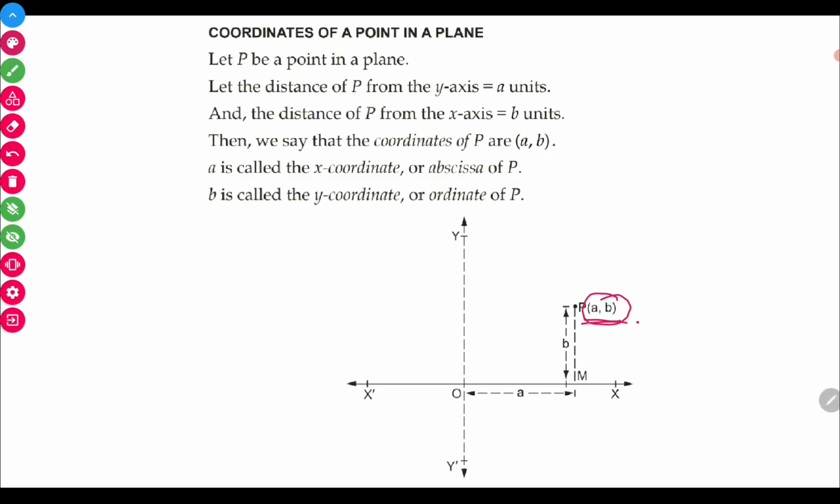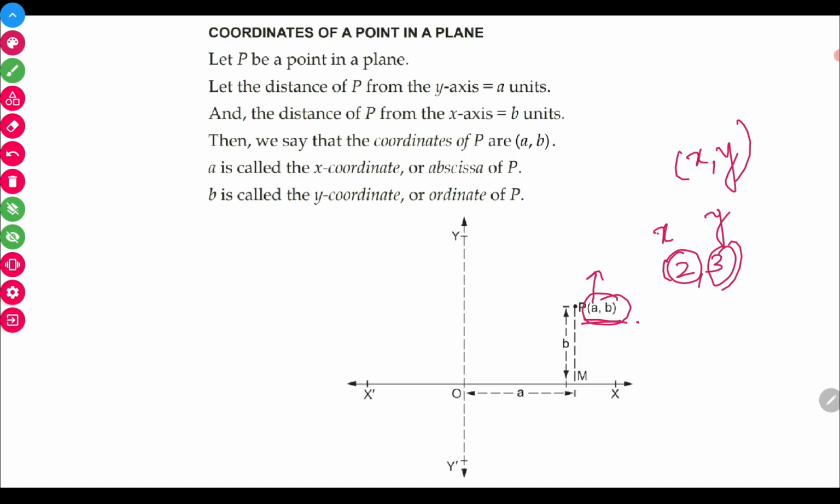Okay, so in this, the first number, suppose 2, 3, then the first number is nothing but the x coordinate. What? X coordinate. And the second number is the y coordinate. So basically it's x comma y. X coordinate comma y coordinate.